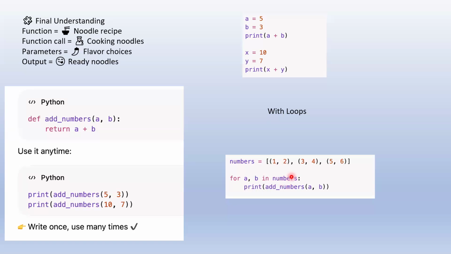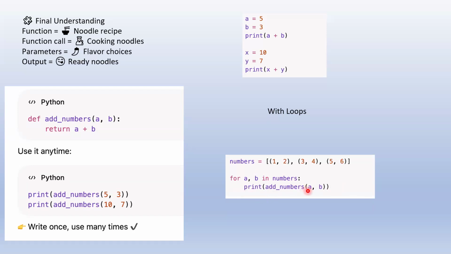Numbers means here is the number. So in numbers, what are the sets we have? 1, 2. During the first iteration, 1 and 2 will be assigned to A, B. You got it? So 1 will be assigned to A and 2 will be assigned to B. And now print add numbers A plus B. So it will print 3 during the first iteration.